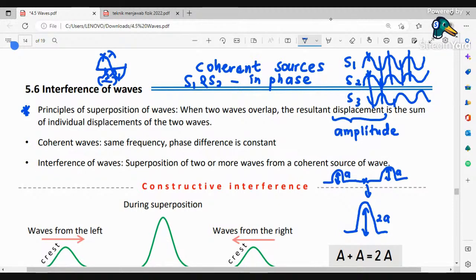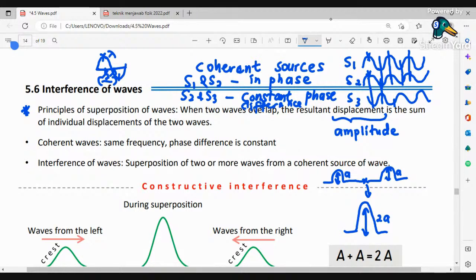Crest, trough, trough, crest. Okay, so we call S2 and S3 constant phase difference. That's just a term, constant phase difference. So coherent sources, both are coherent. S1 and S2 are coherent.